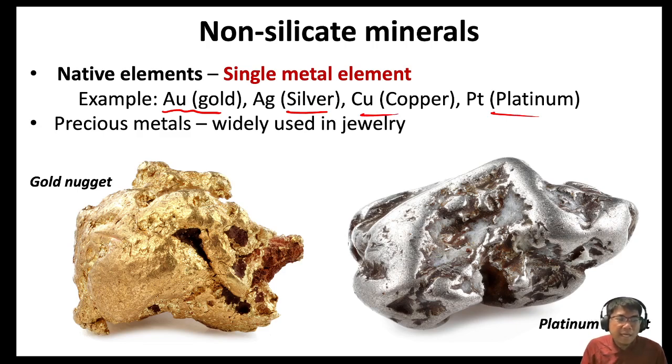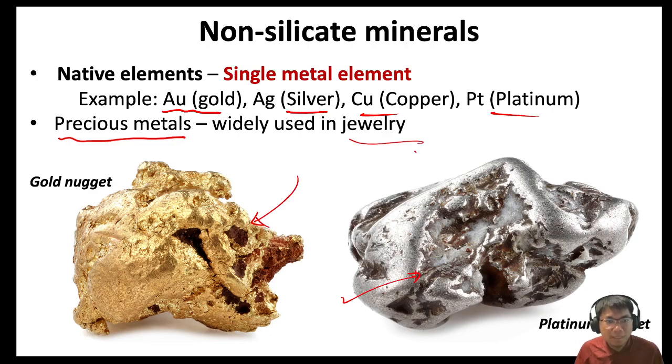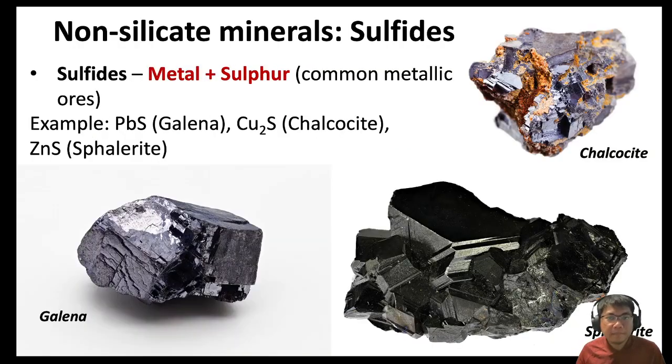Most of these native element minerals are considered precious metals, because they're of course quite rare, and they are widely used in jewelry. So for example, we have gold right here, platinum right here. These are all examples of native element minerals.